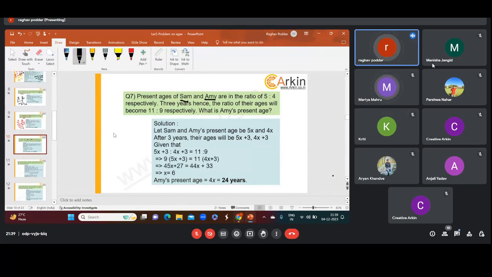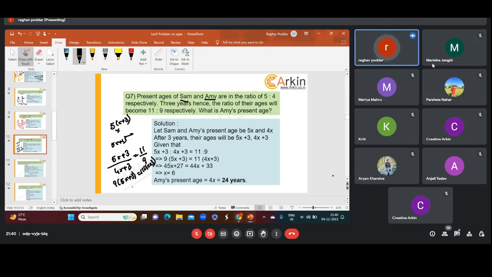Okay. See, Maria, you said 5 into x plus 3, which will go wrong. Why? Because then it becomes 5x plus 15. It is 5x plus 3 upon 4x plus 3, and their ratio becomes 11 upon 9. Now you cross multiply it. 9 into 5x plus 3 is equal to 11 into 4x plus 3.